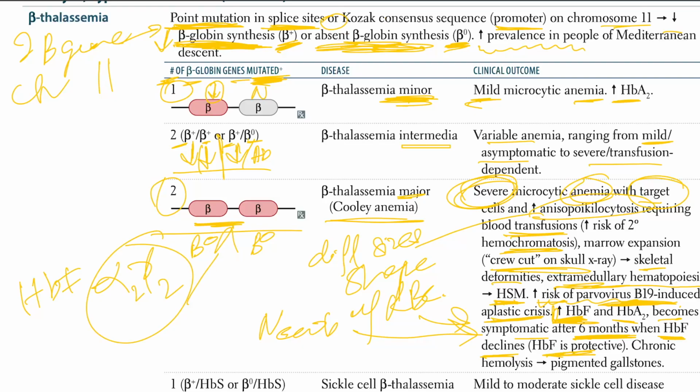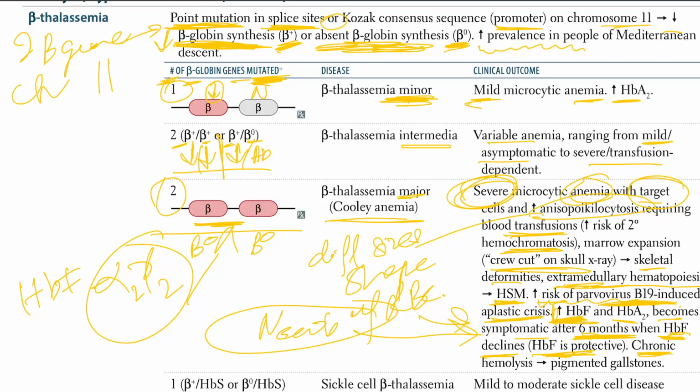That's why we even give a drug to increase HbF in thalassemic patients. In a newborn, until 6 months, you don't even know that they have thalassemia because it's working great for them. Everything is good. But after 6 months, the decline of HbF occurs, and that is when you see it.